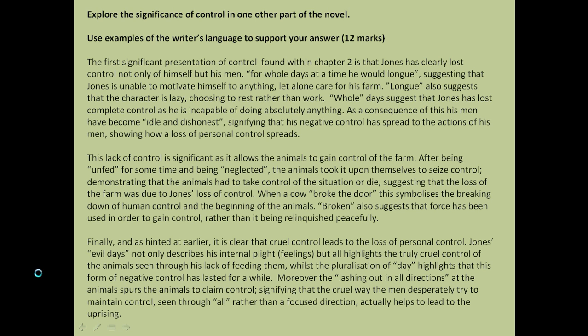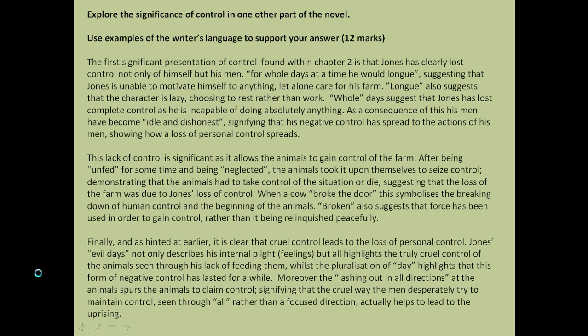Finally, and as hinted to earlier, it's clear that cruel control leads to the loss of personal control. Jones's evil days not only describes his internal plight, but also highlights the truly cruel control the animals have seen through his lack of feeding them, whilst the pluralisation terminology of day highlights that this form of negative control has lasted for a while.